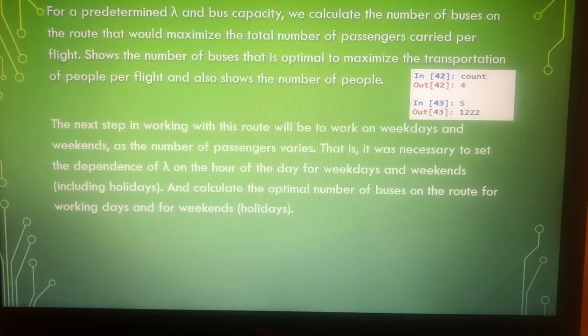The next step is working with the route on weekends and weekdays, as the number of passengers varies. It was necessary to set the dependence on the hour of the day for weekdays and weekends, including holidays, and calculate the optimal number of buses on the road for working days and weekends or holidays.